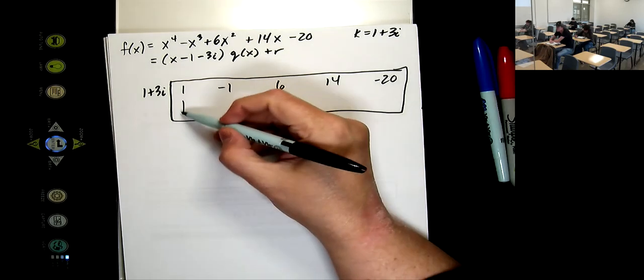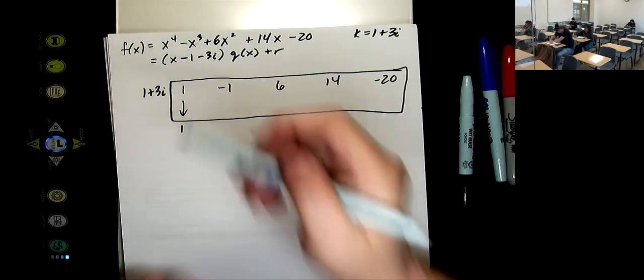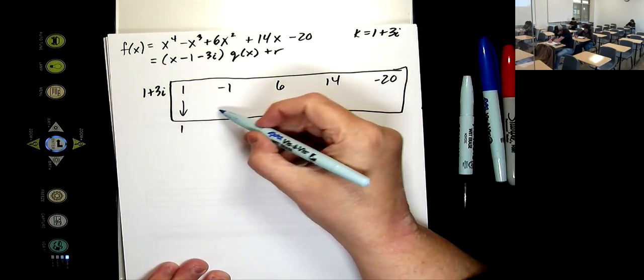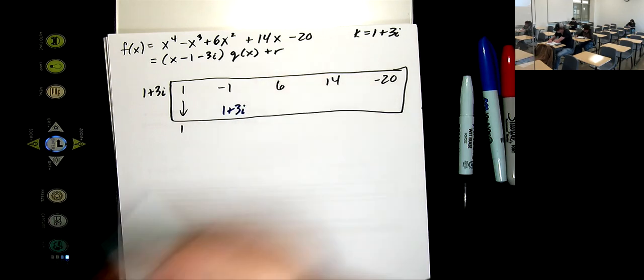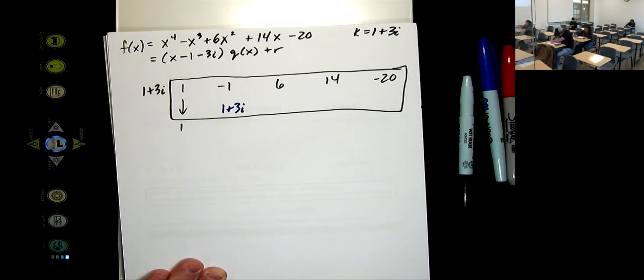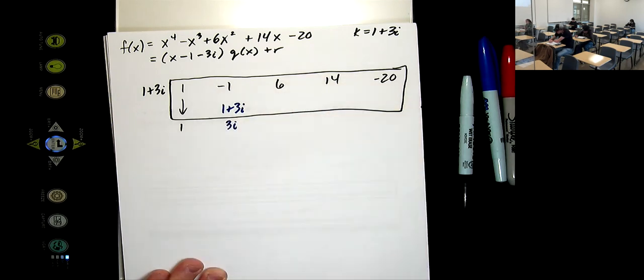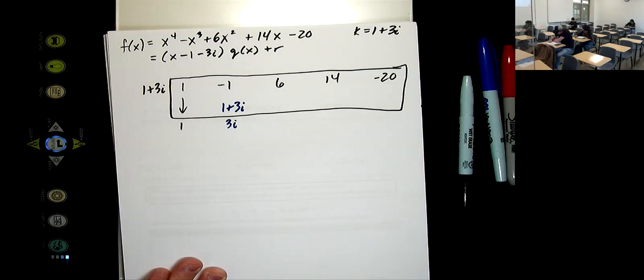Bringing down the 1 is easy. And doing the first step here is pretty easy because it's just multiplying regular values. 1 times 1 plus 3i is 1 plus 3i. If I add these two up, I just get 3i. This is where it starts being a little bit of a pain.